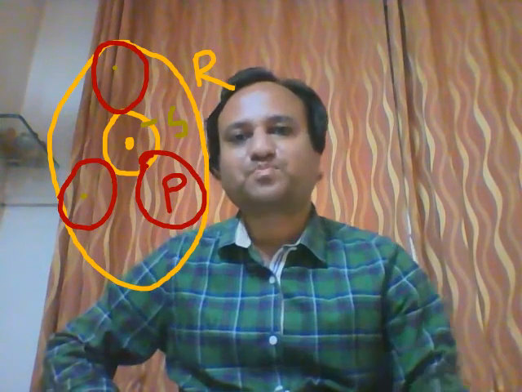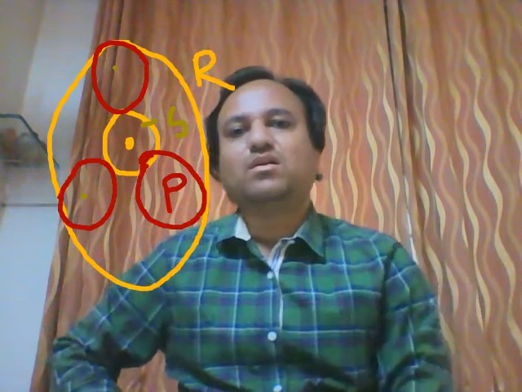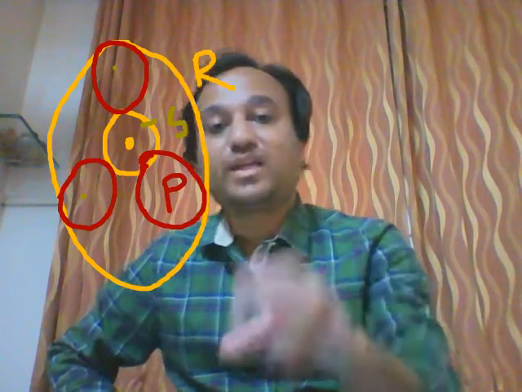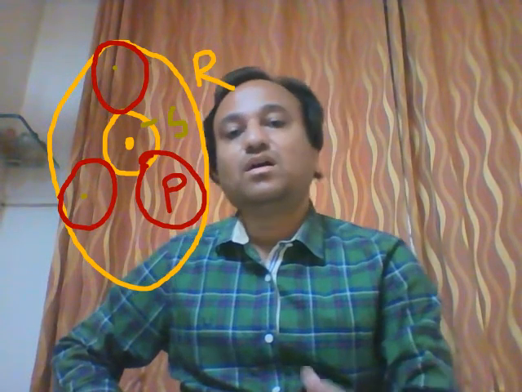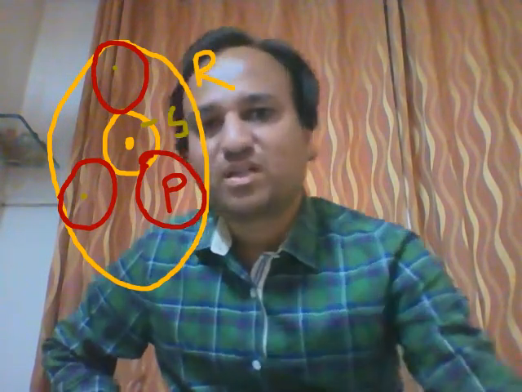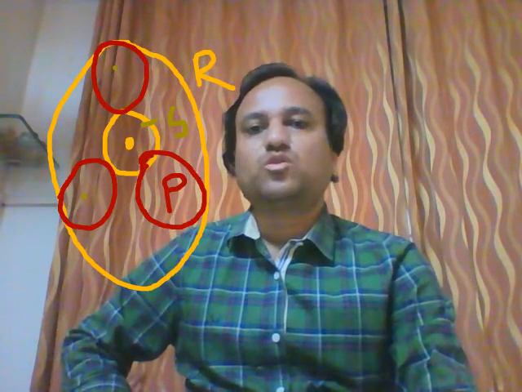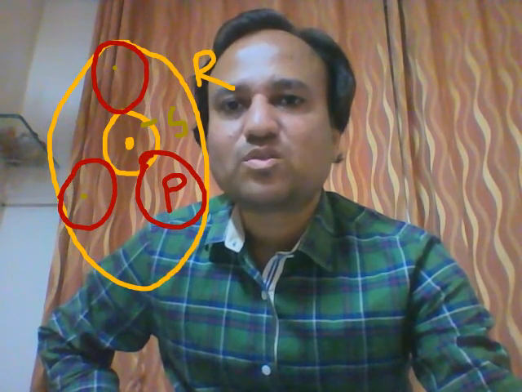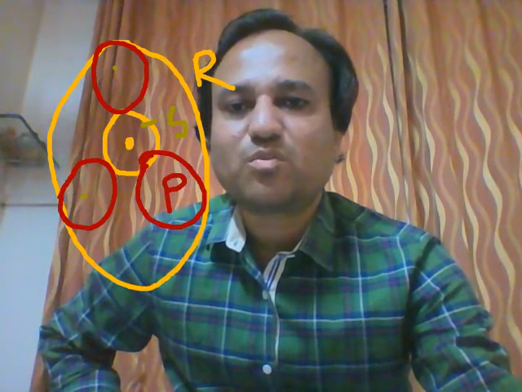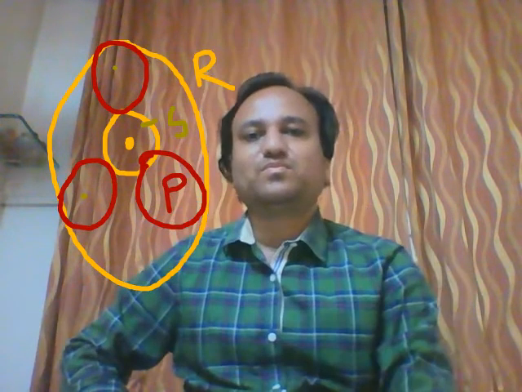So student, driving shaft is connected to sun gear, that is output shaft of clutch is connected to sun gear. So sun gear, suppose in a rotation, that motion will be transmitted to planet gear.